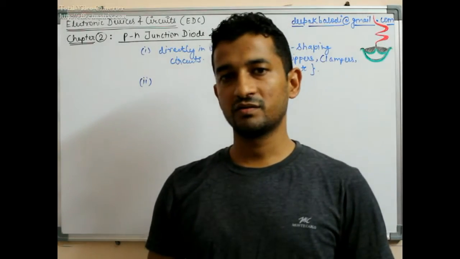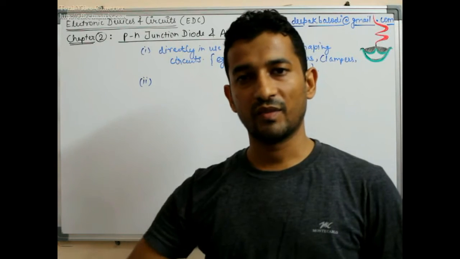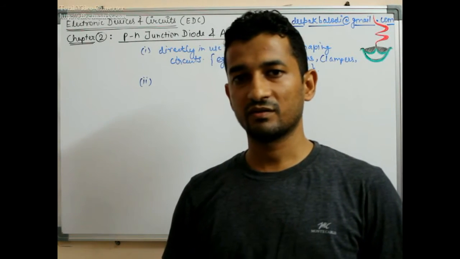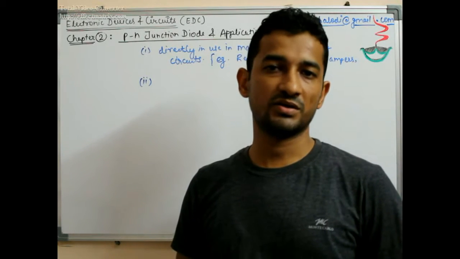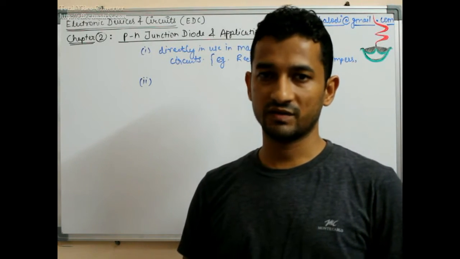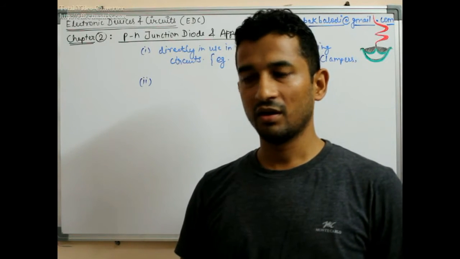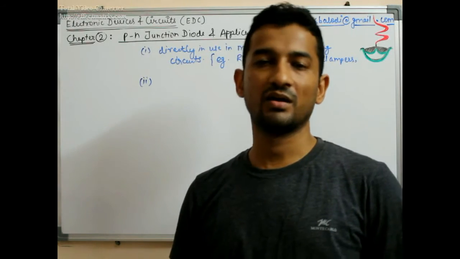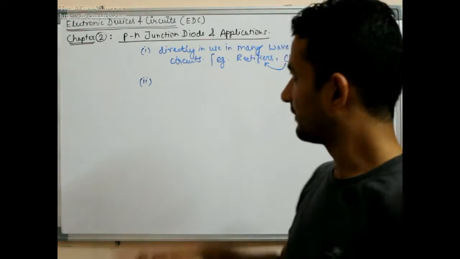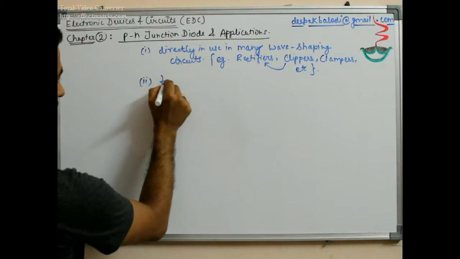In BJT, the PN junction diodes are directly involved, and if somebody is very clear about the PN junction diode, then only he or she can better understand the concepts behind the bipolar junction transistor and what is actually happening at the semiconductor level, at the microscopic level.